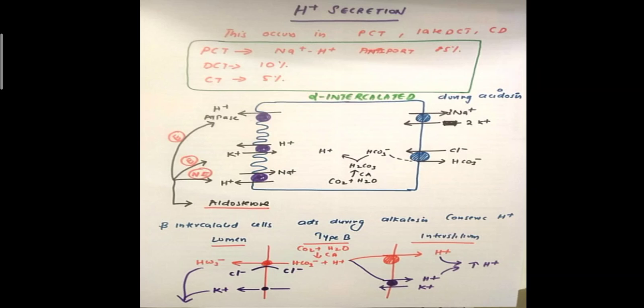And aldosterone has an important role in this hydrogen secretion, but in beta intercalated cells it increases the H plus. And here the new HCO3 is formed, which is secreted into the lumen.